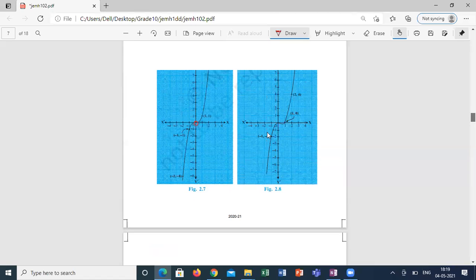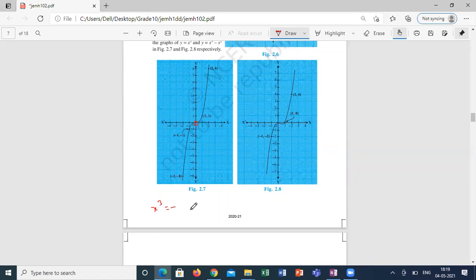Suppose I am taking x cube is equal to minus 1. So minus 1, minus 1, minus 1 are the zeros. Or we can say like this, only one real zero, and the remaining are unreal. That you can also say. Got it what I'm saying?